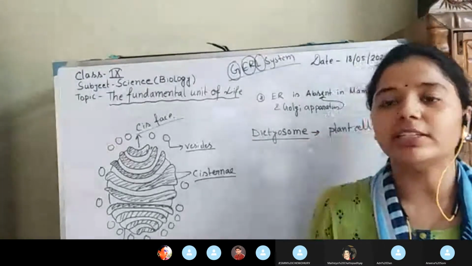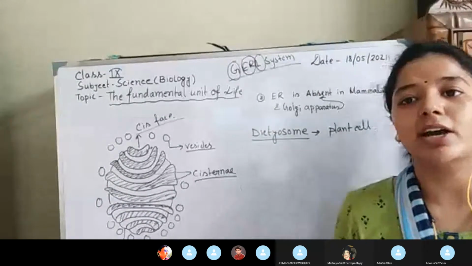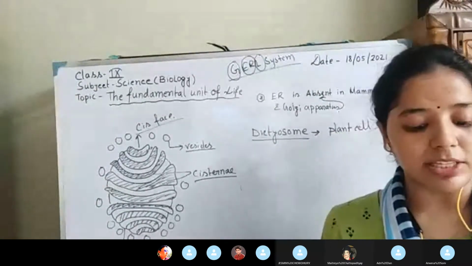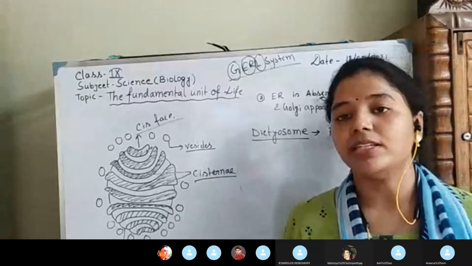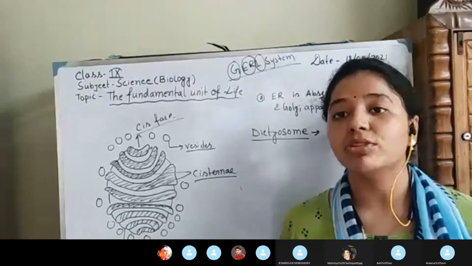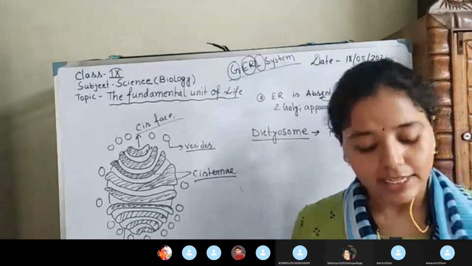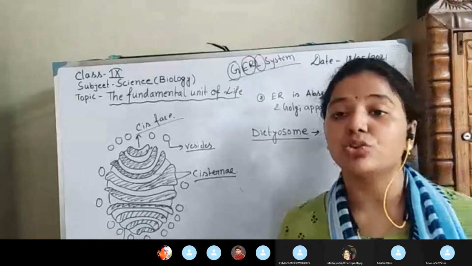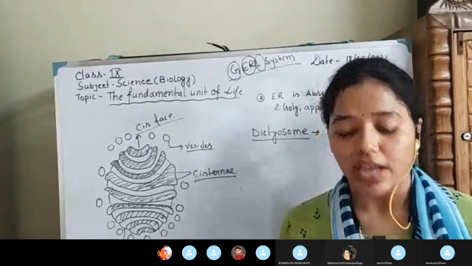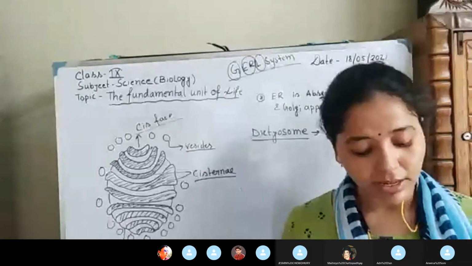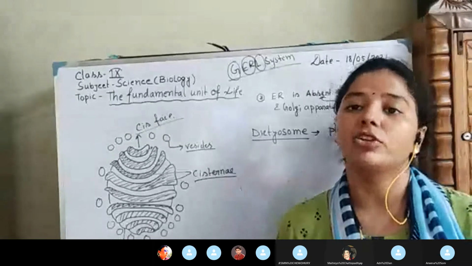So we have seen that the Golgi apparatus takes part in storage, modification, as well as packaging of various biochemicals produced by different components of the cell.